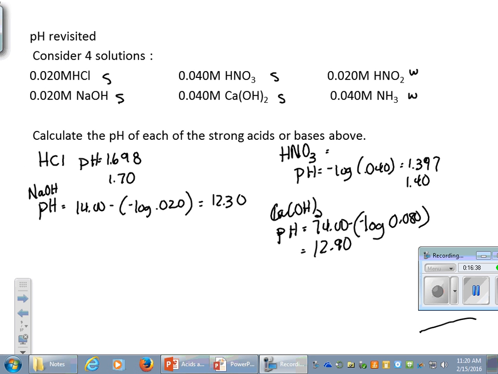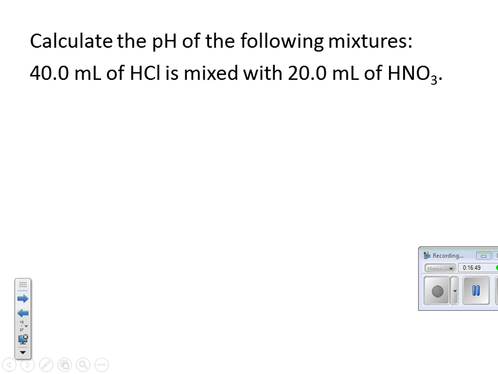All right, then, check your pHs for the acids and bases that are listed above. Now we're going to start mixing them together. So calculate the pH of a mixture of hydrochloric acid and nitric acid. The first thing you need to recognize here is that these are both strong acids. And because they're strong acids, the moles of hydronium are additive.